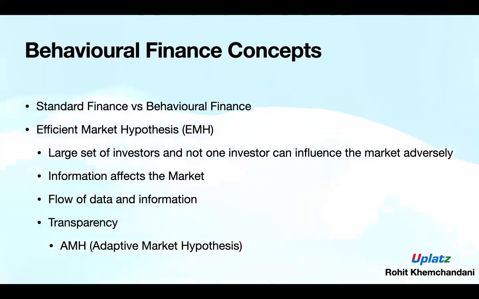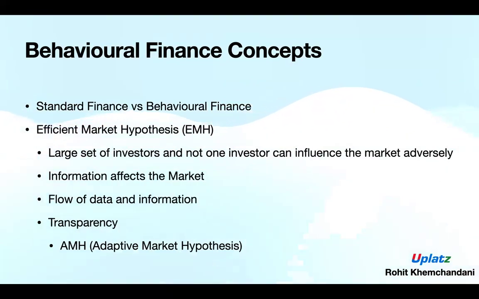So I'll quickly tell you 3 or 4 things regarding differences of behavioral finance and standard finance. If people process data correctly, this will come under the standard finance. And there are no thumb rules, this will come under the behavioral finance.